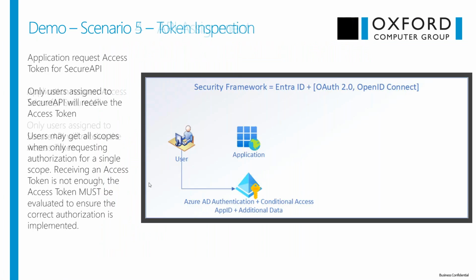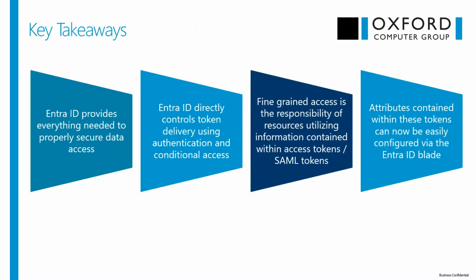So let's see, I think token inspection is what I'm talking about here, and that might be pretty much the end of what I wanted to show you. Basically, Entra ID provides everything to secure data access, and we do it through modern auth protocols.